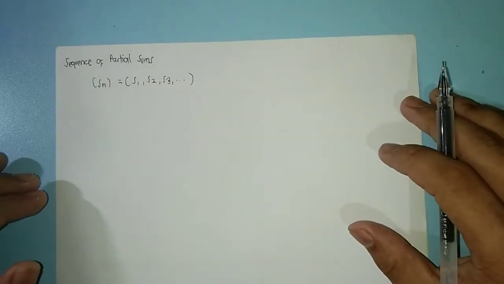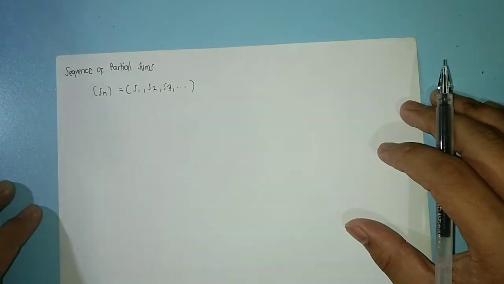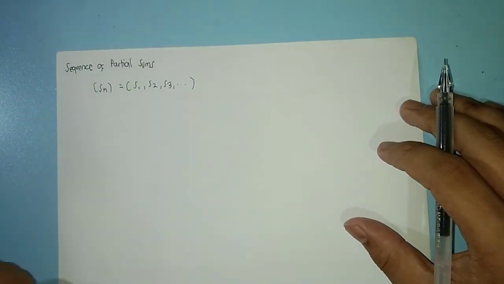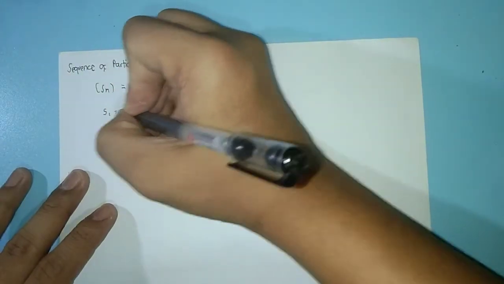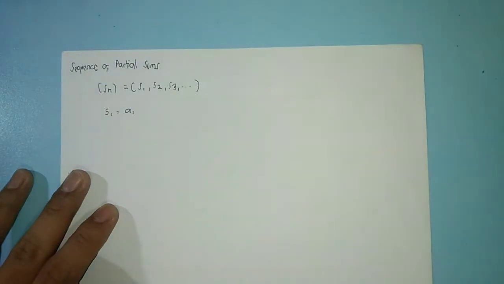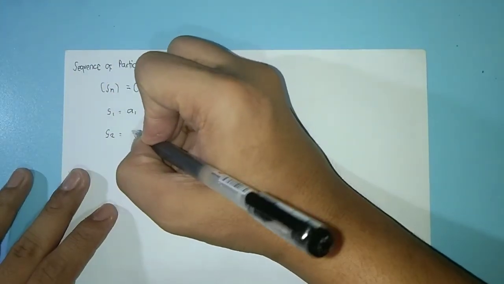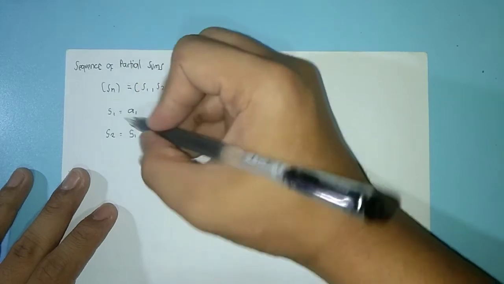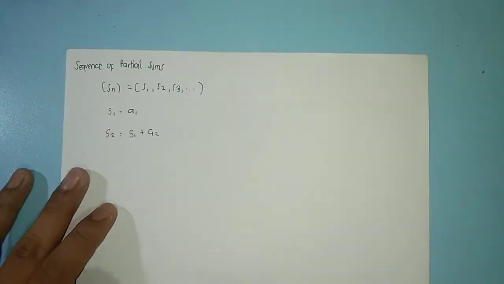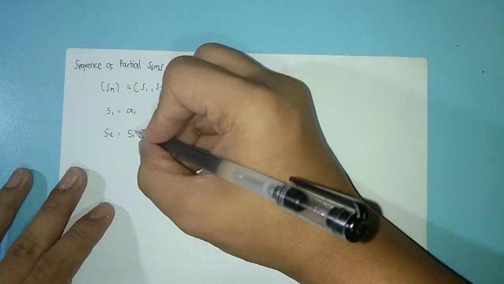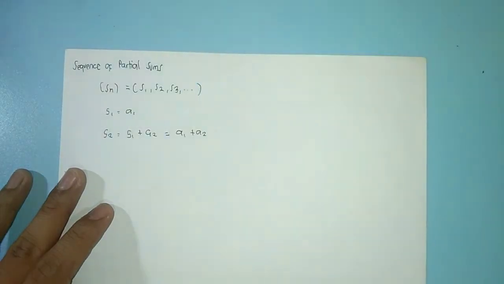Now let's have the sequence of partial sums. The sequence s sub n equals s sub 1, s sub 2, s sub 3 and so on. So ano ba yung mga s na yan? So for s sub 1, that is the first term ng ating series. Then yung s sub 2, that is s sub 1 plus yung second term, a sub 2. So this is equal to a sub 1 plus a sub 2. Kukunin natin mismo yung sum niyan.